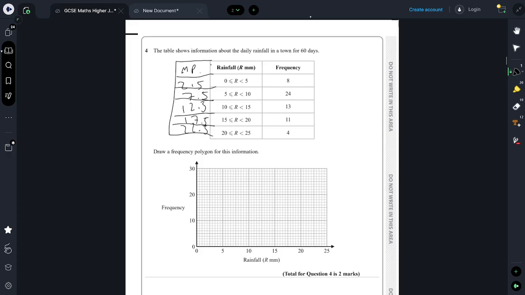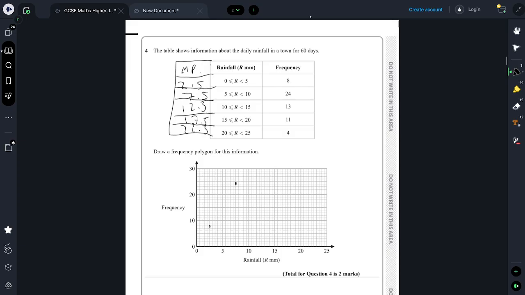So 2.5, which would be here, against 8, which should be about that, right? Then we have 7.5, which should be here, against 24, which should be about there.